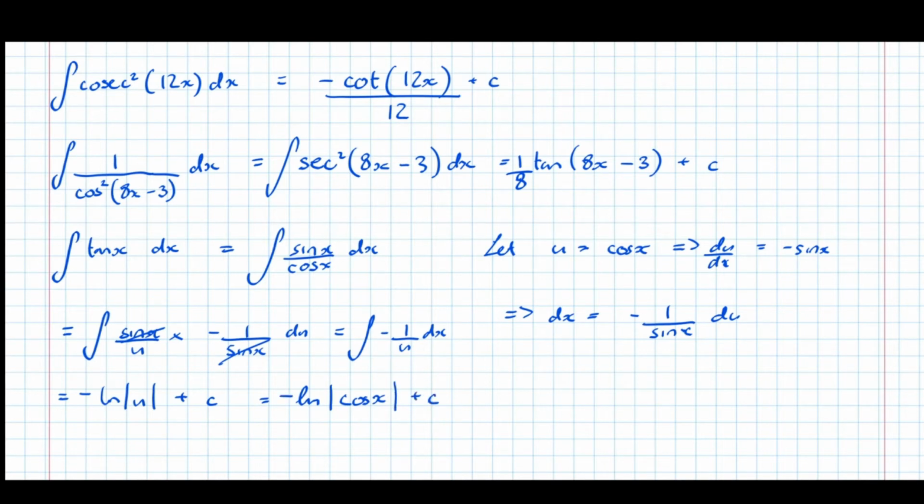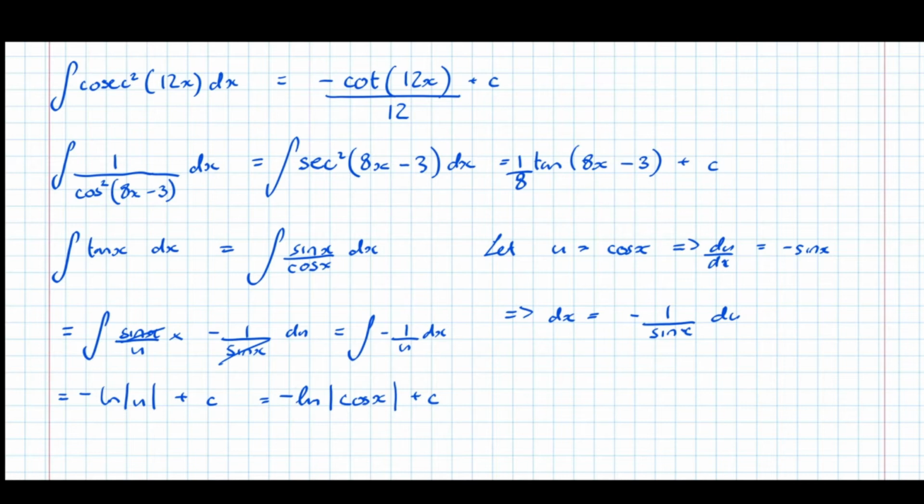plus c, not forgetting the minus sign at the front, which isn't the result given in the Edexcel formula booklet. So what they've done in the Edexcel formula booklet, this minus sign at the front is actually minus 1. They've taken that, using logarithm laws, into the log as a power.